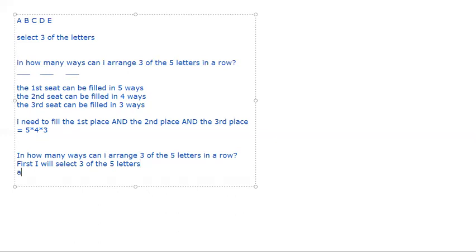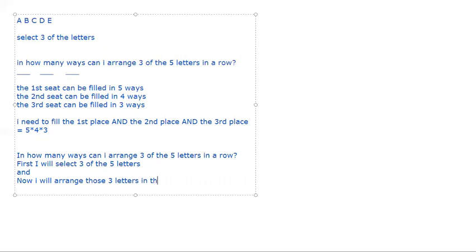And now I will arrange those 3 letters in the 3 places available. Isn't it the same thing? I directly arrange the 3 letters from the 5, or first I select 3 letters and then I arrange the 3 letters. It effectively means the same. Effect will be the same.